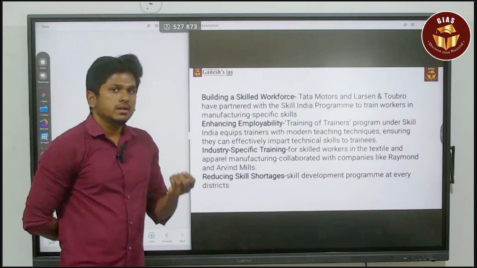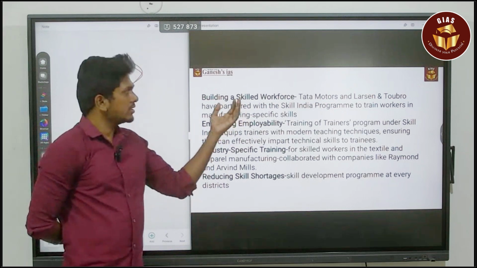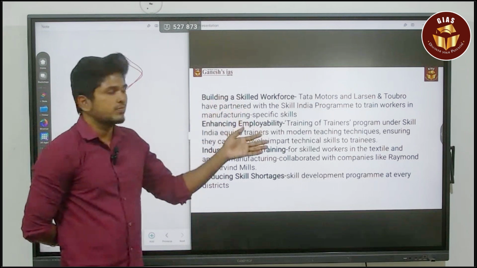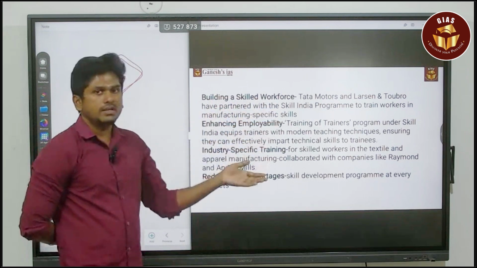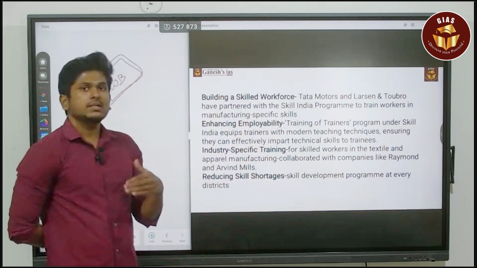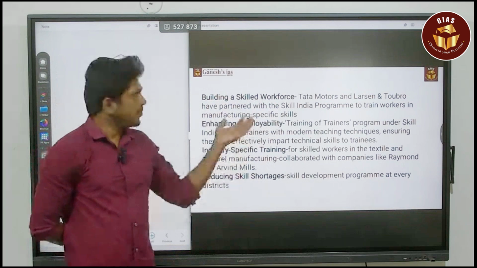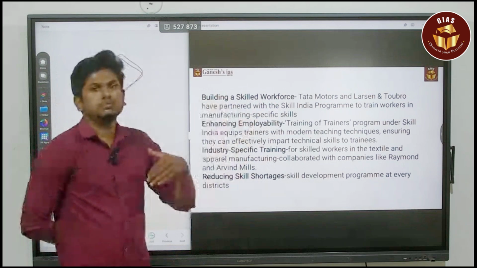So the Skill India program is making a collaboration or partnership with Tata Motors and L&T. That way, they provide the skills to the population, and later the company itself recruits those people.